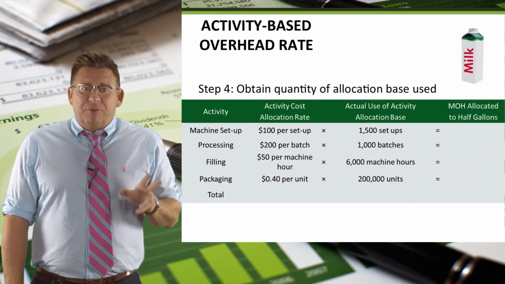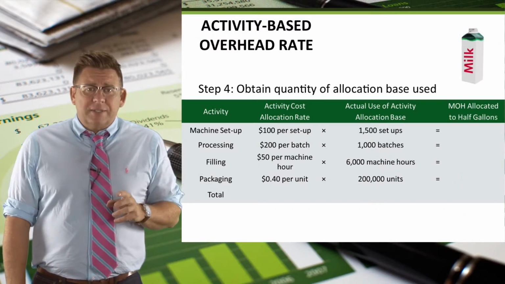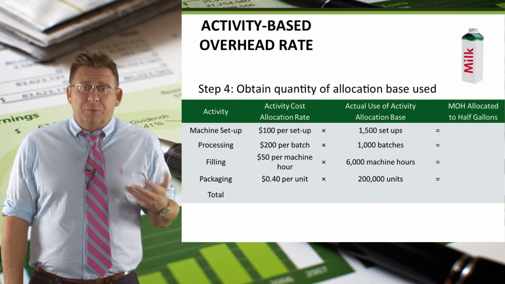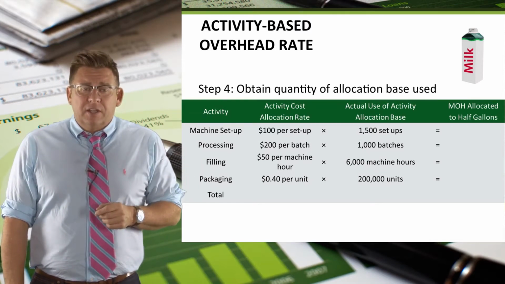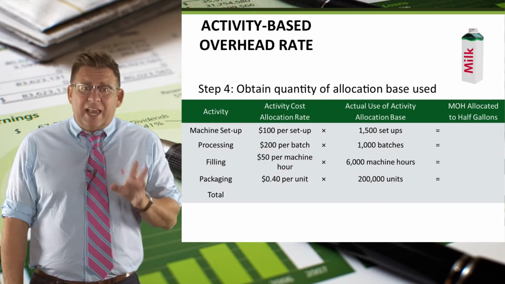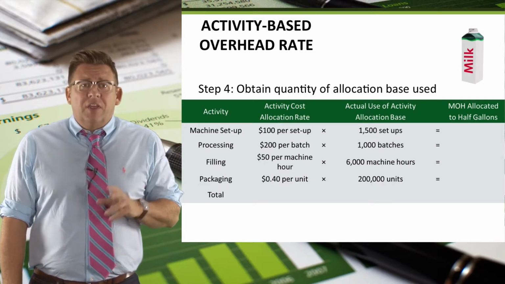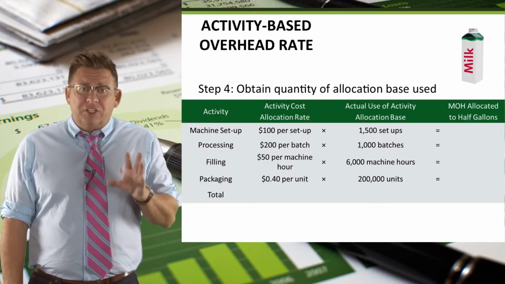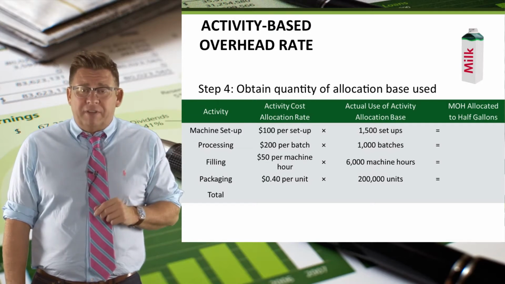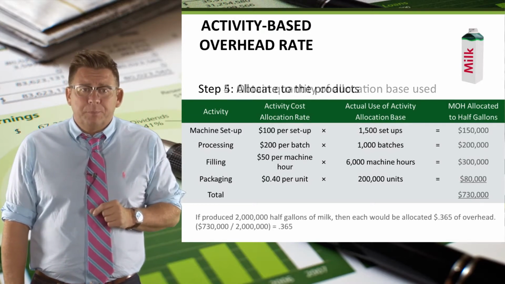We would repeat steps 4 and 5 for our other products. In this case, these numbers are assumed to be the usage for half gallons. Notice the activity cost allocation rates don't change. The only thing that changes is how much of each activity is being used to manufacture half gallons of milk.